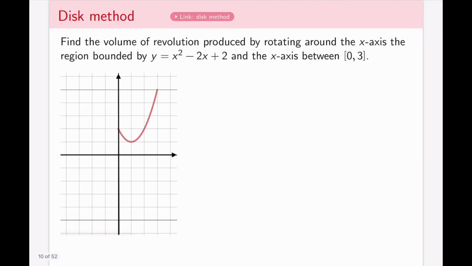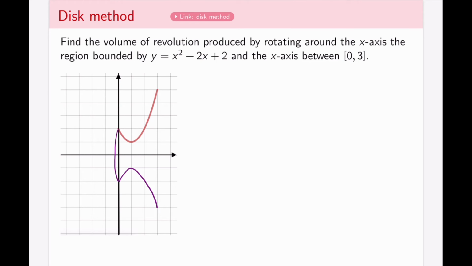Let's take our parabola that we have seen before, and again think about rotating around the x-axis between 0 and 3. So once again, I'm going to produce the sketch that I've already produced before, but this time also supplemented with a typical disk whose volume I will now have to produce.